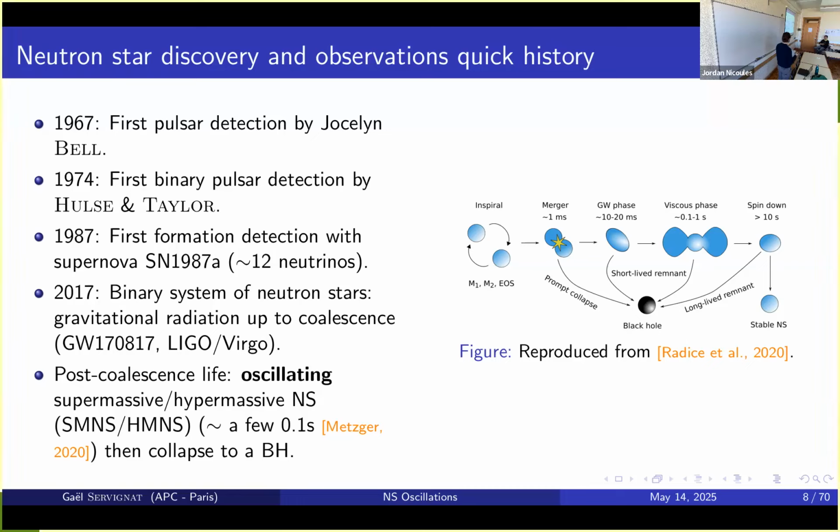Because general relativity predicts a maximum mass: if you give it an equation of state, you will have a maximum mass. But if you take two neutron stars and merge them, the total mass of the resulting object will be approximately the sum of the two masses. And if this goes beyond the maximum mass, it is supposed to not be supported and collapse to a black hole.